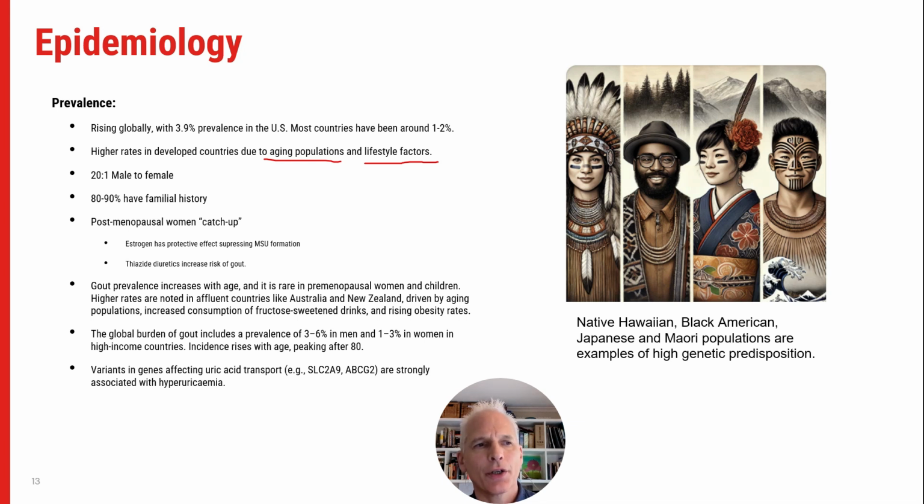Now, there are certain foods that are known to trigger higher rates of gout. And one of them particularly that I want to draw your attention to is something called high fructose corn syrup. Now, we don't tend to have this in Australia, so most things are not sweetened with high fructose corn syrup in Australia. We tend to sweeten things with cane sugar.